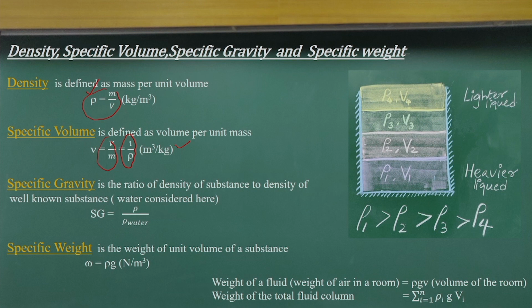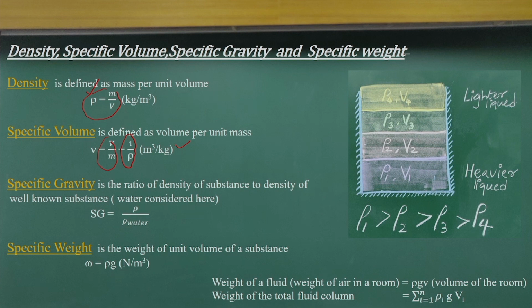But many times, either you know the mass or the density, or you know the specific volume, and you can solve the problems. But to represent in a very simple way which one is heavier and which is lighter, we have to consider a reference liquid or reference gas.